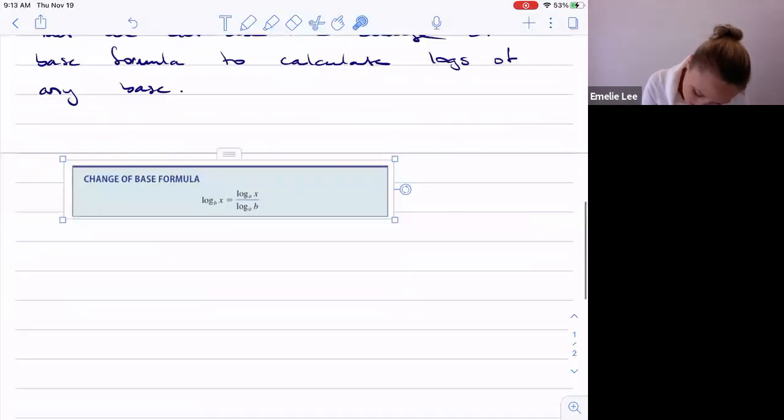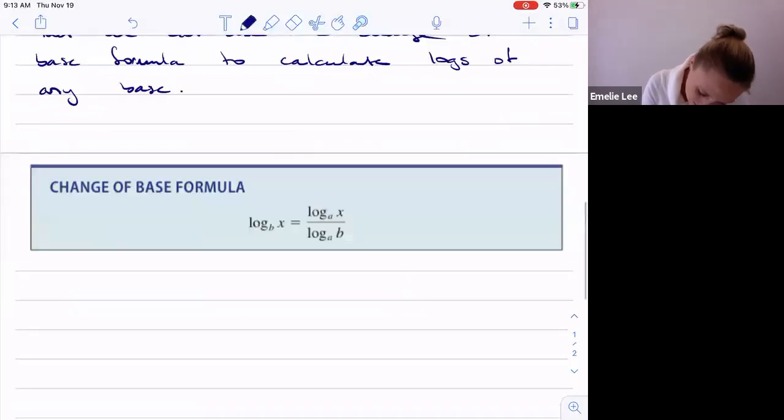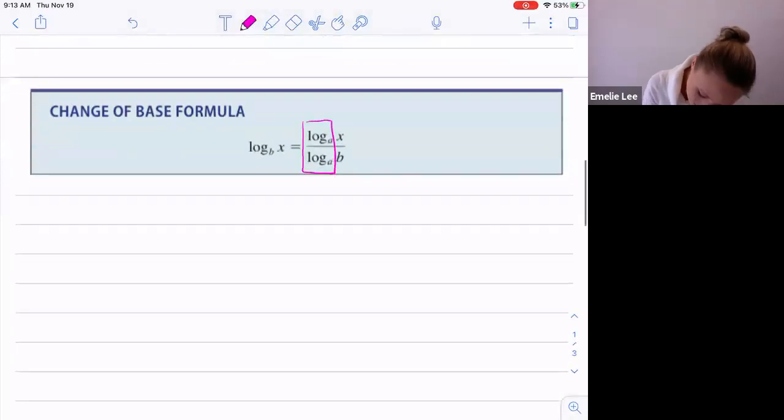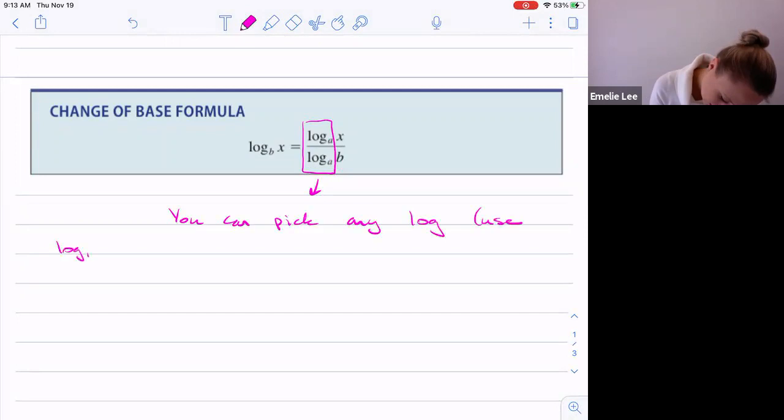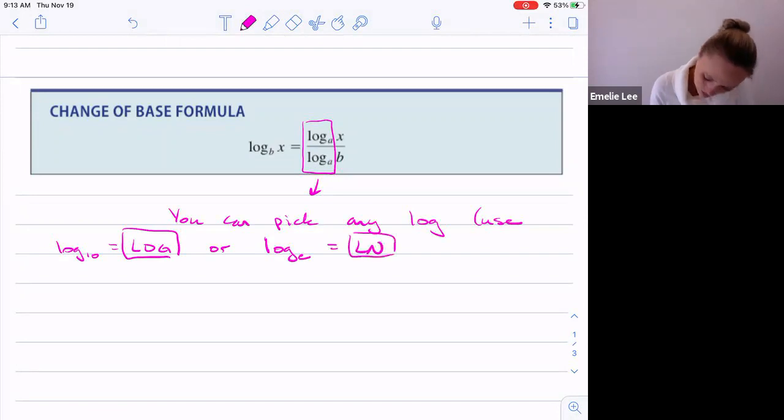In fact, I'm going to move this down here and say here, you can pick any log. Use log base 10, which is just your LOG button, or log base e, which is your LN button.